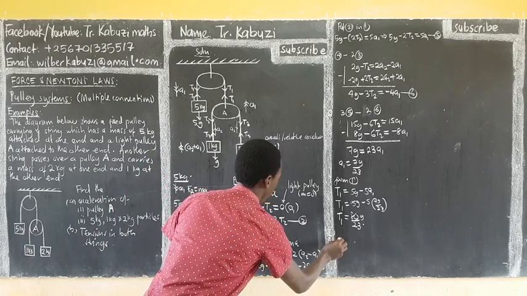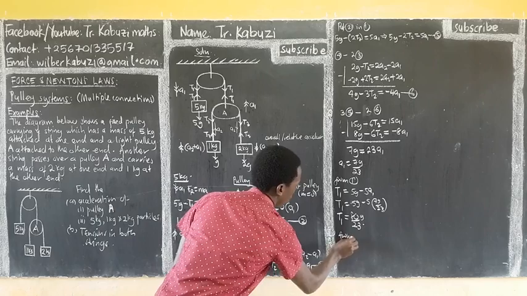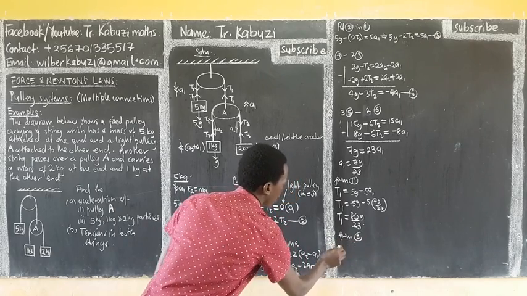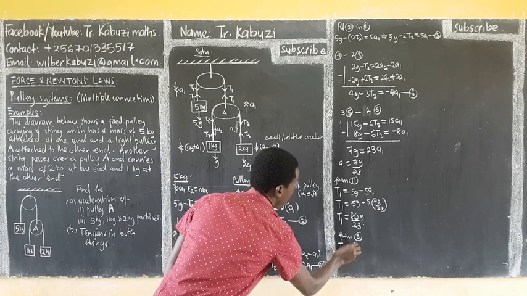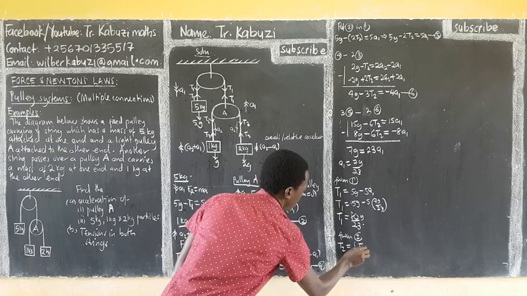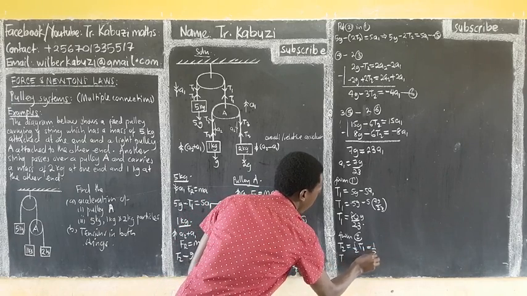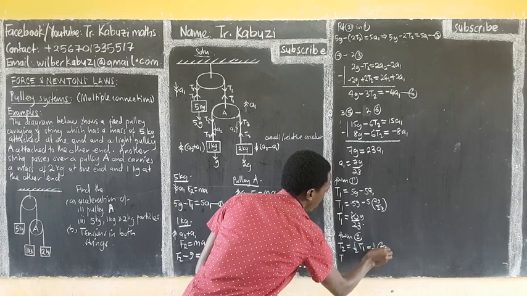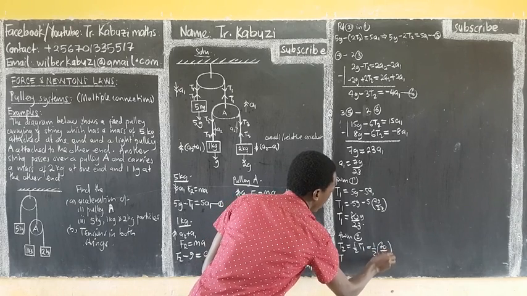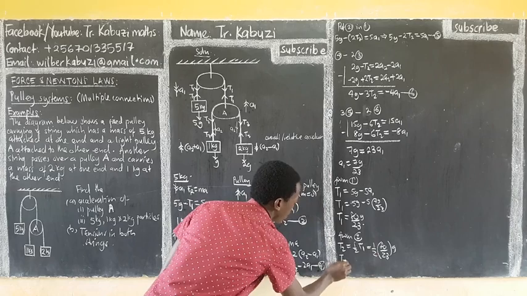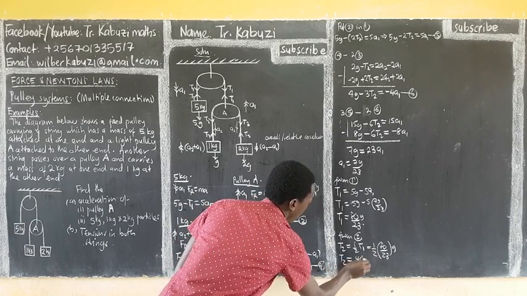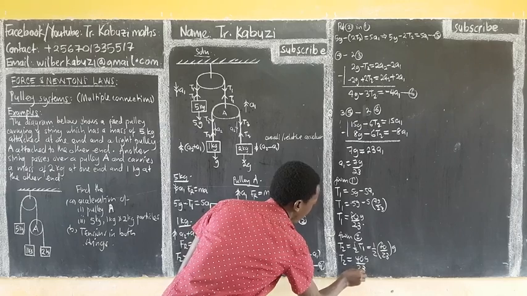So notice that from 2, my T2 is a half of T1. So my T2, which will be a half of 80 over 23d, so my T2 is going to be 40d over 23.